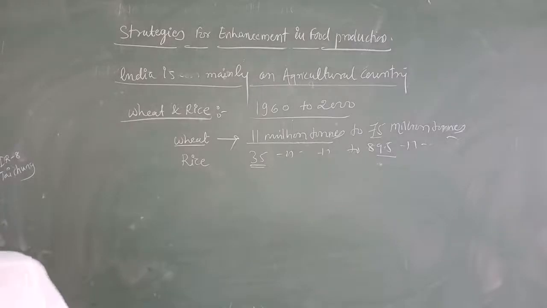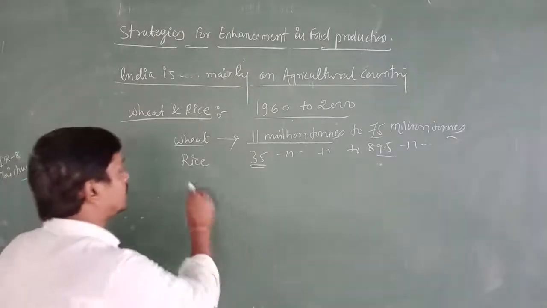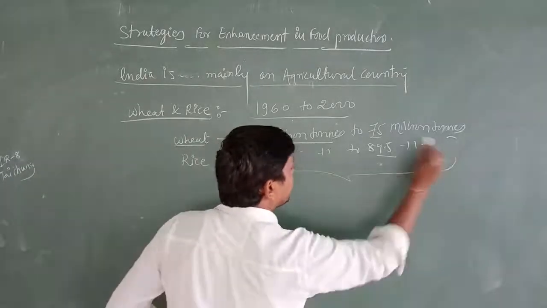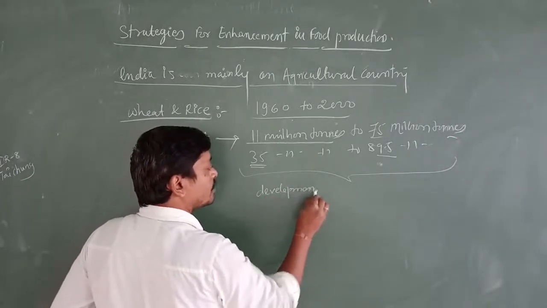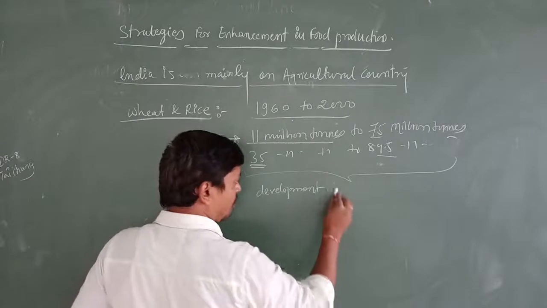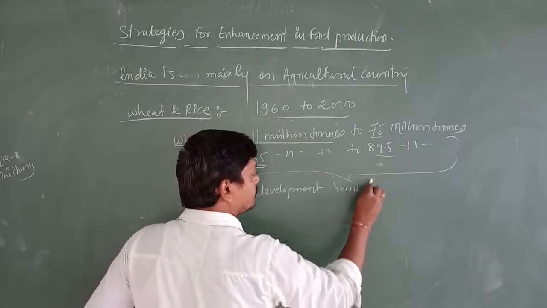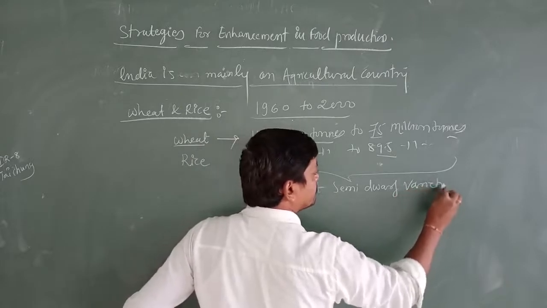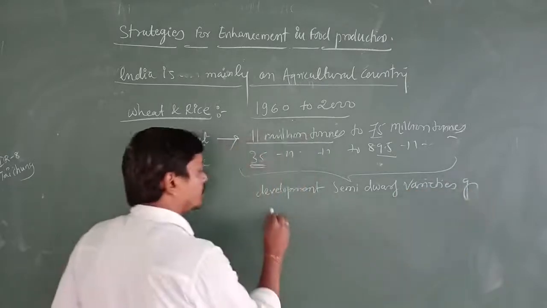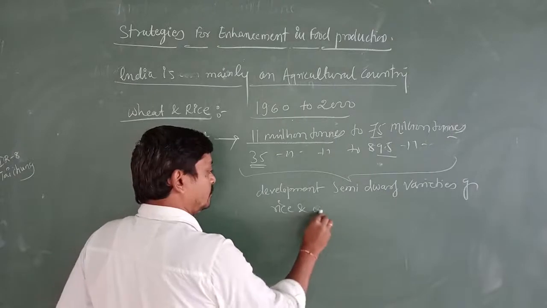And this was due to the development of semi-dwarf varieties of rice and wheat.